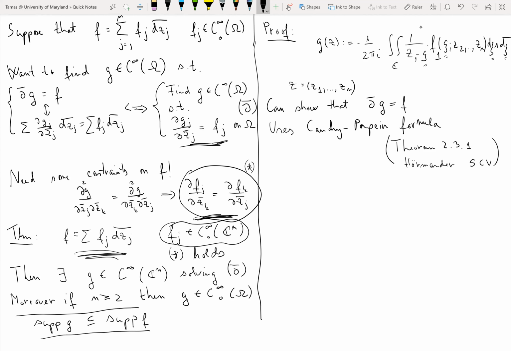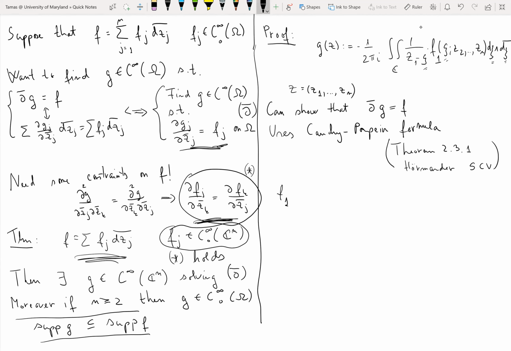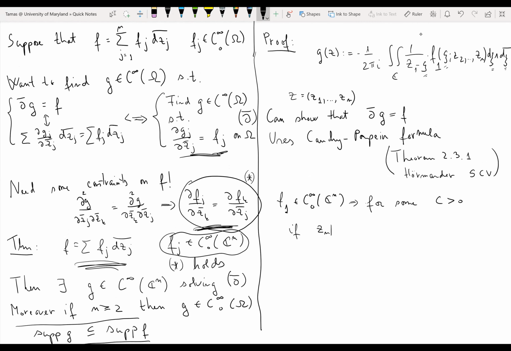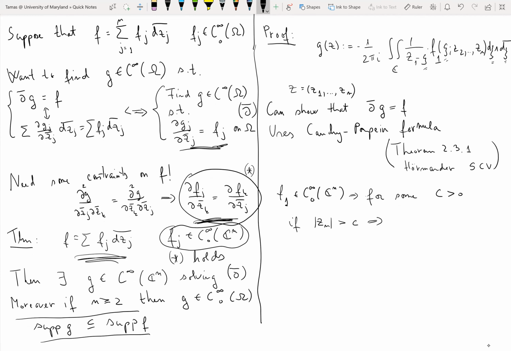Since F1 is compactly supported in C^n, this means that for some big enough C, if the last coordinate z_n is greater than C, then we must have that F1 of (z', z_n) is identically 0, regardless of what the other coordinates are.